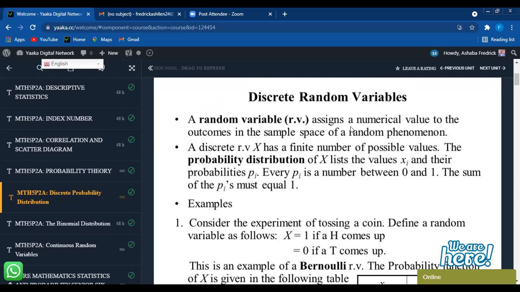A discrete random variable has a finite number of possible values. For example, when we toss a coin and we are interested in the number of heads that may come up, tossing it a number of times, we are able to record that the head has appeared 2 times, or none, or 4. That one will fall under a discrete random variable.